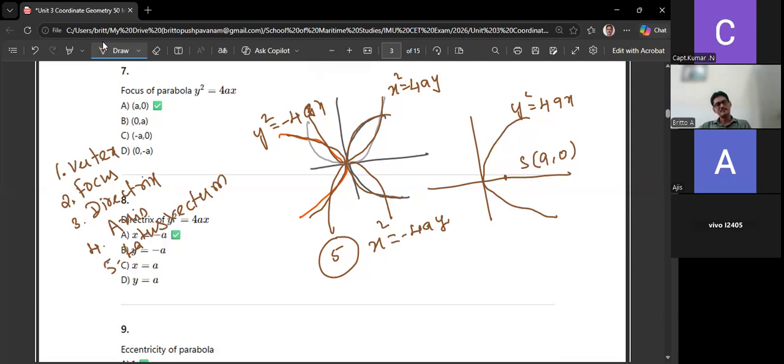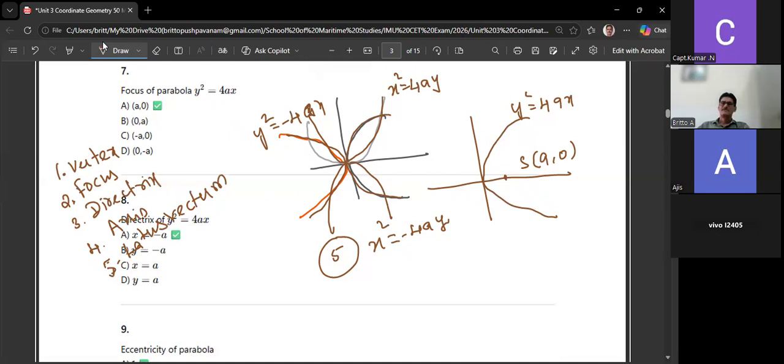So these are the 5 properties. Generally, they will ask questions on these, right? What is the latus rectum of the parabola y squared equal to 4ax? What is the axis of the parabola? What is the directrix? What is the focus? What is the vertex? So you should know these 5 points for the 4 different types of parabola.